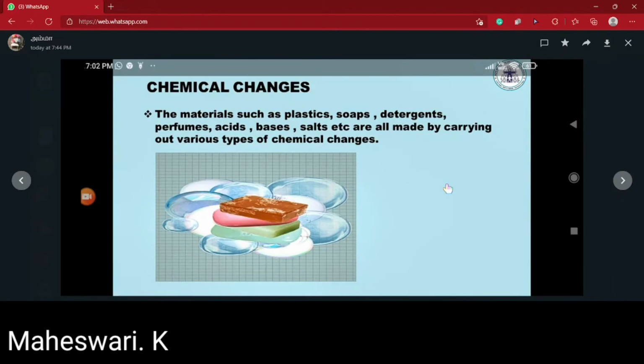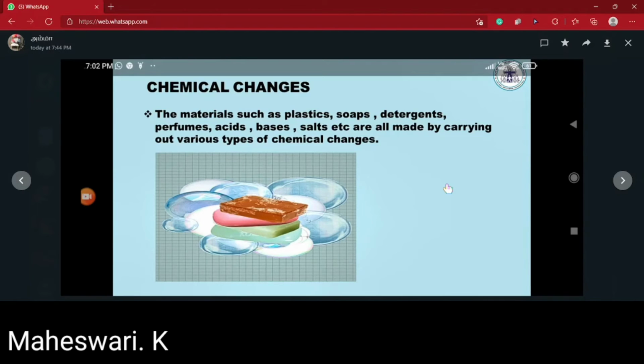Next, now we are going to learn chemical changes. The materials such as plastics, soaps, detergents, perfumes, acids, bases, salts, etc. are all made by carrying out various types of chemical changes.